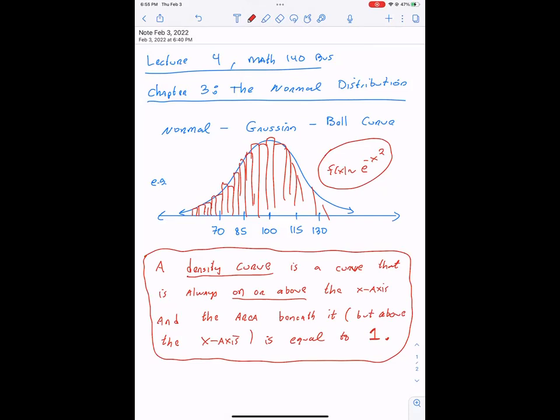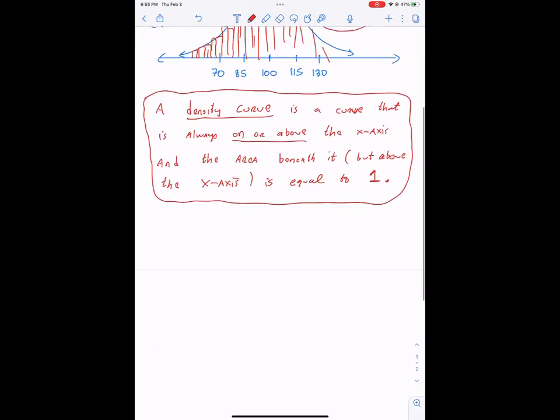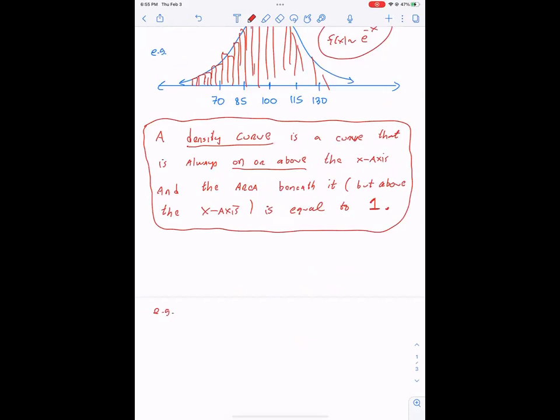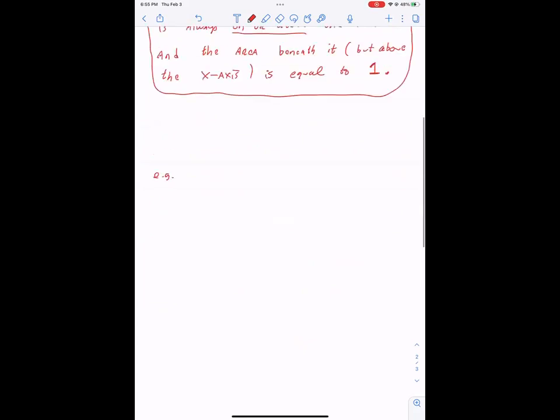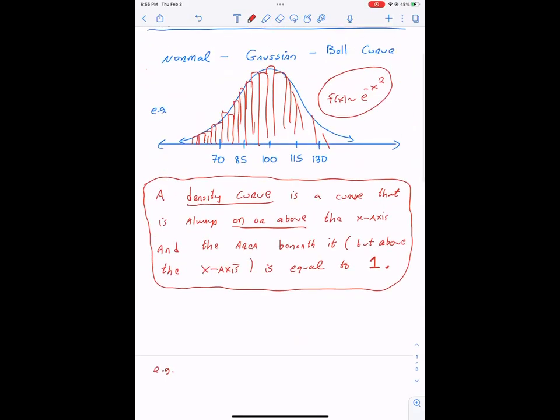What I mean by that is as follows. Here's an example. If I give an IQ test to 10,000 people, and I plot the results, that's going to be a histogram. And it turns out that that histogram looks very much like a bell curve.